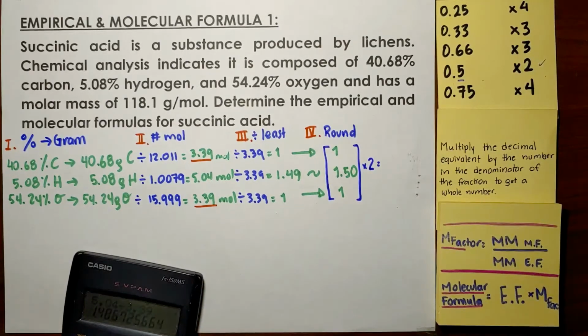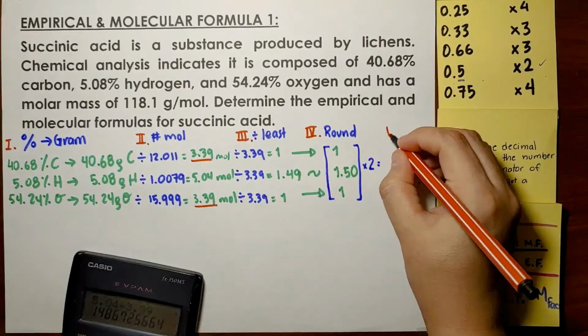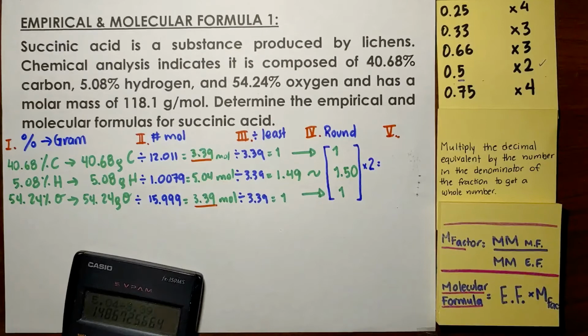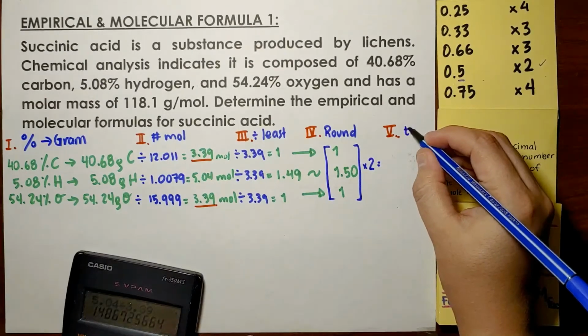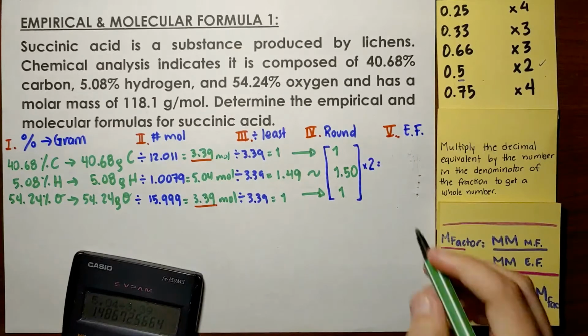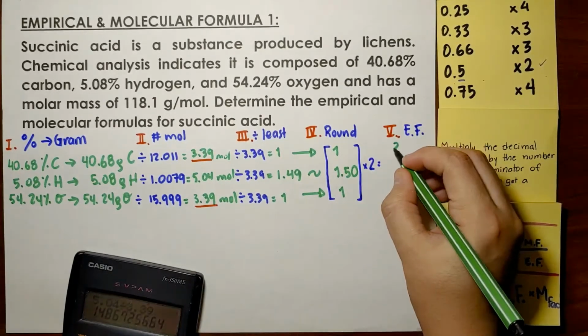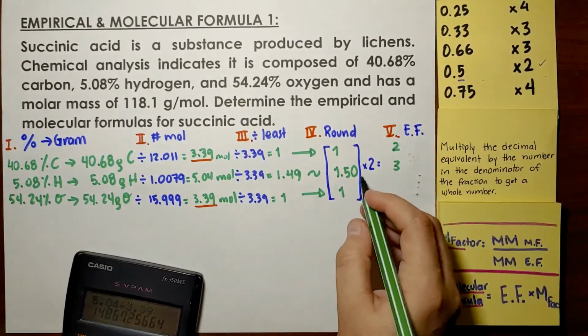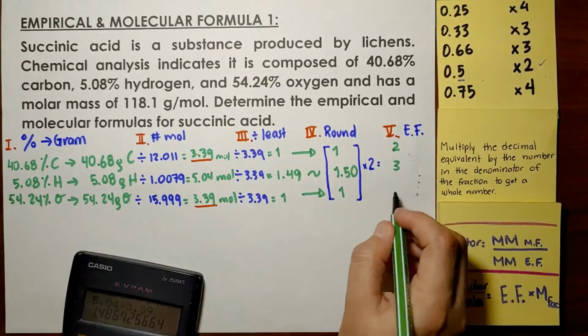This will give me my next step, that is the empirical formula. So 1 times 2 gives me 2, 1.5 times 2 gives me 3, and 1 times 2 gives me 2.